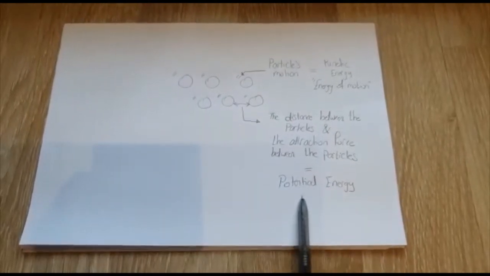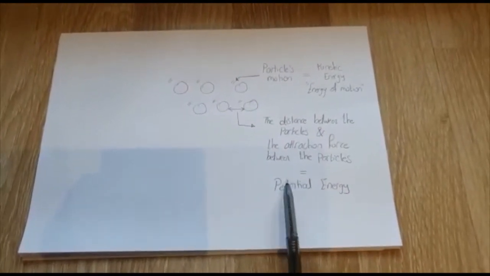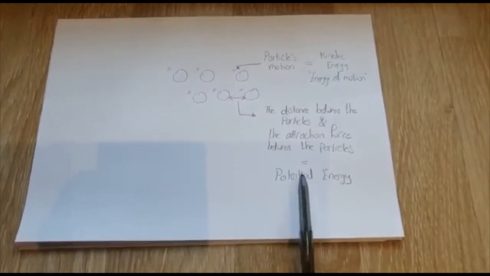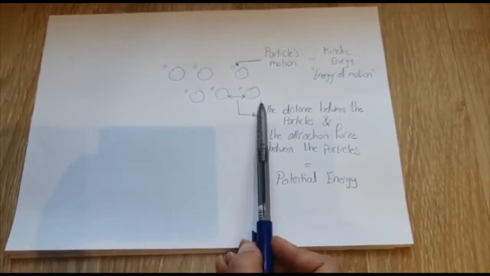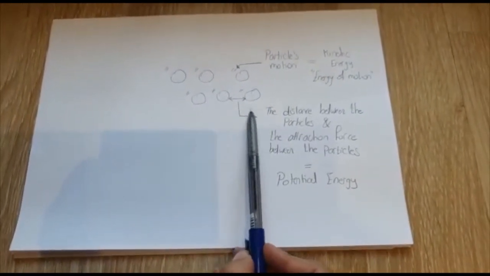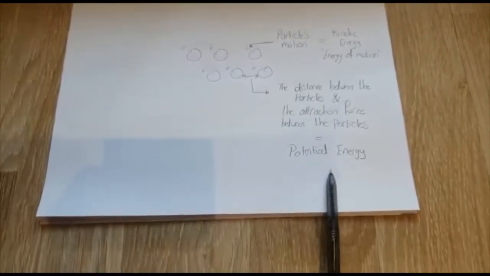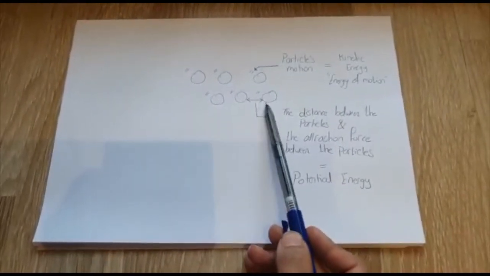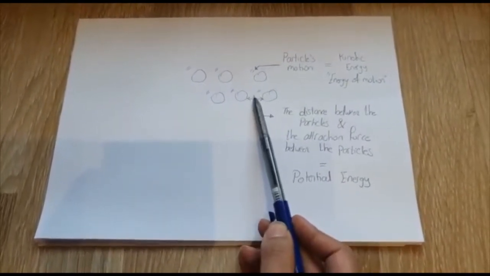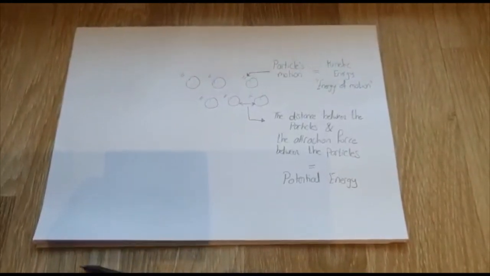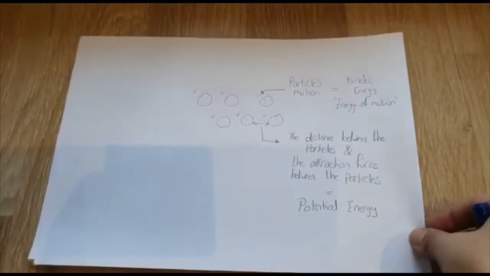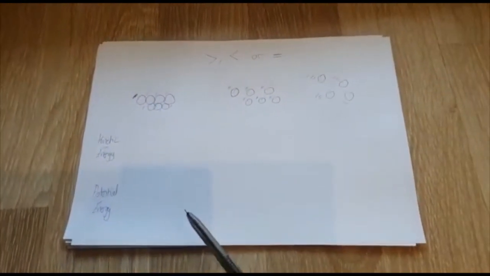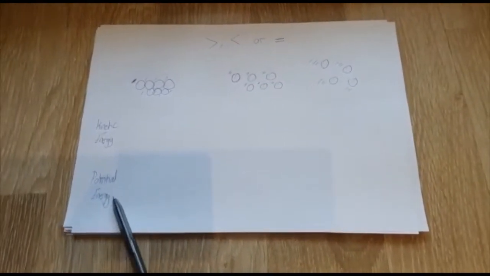The potential energy is the energy between two objects that have a distance and attraction between them. Here the two objects in our case are the particles. As the distance between the particles increases, the potential energy increases. So the potential energy depends on the distance between the particles and the attraction between them. Based on this, which kind of matter has the highest potential energy?